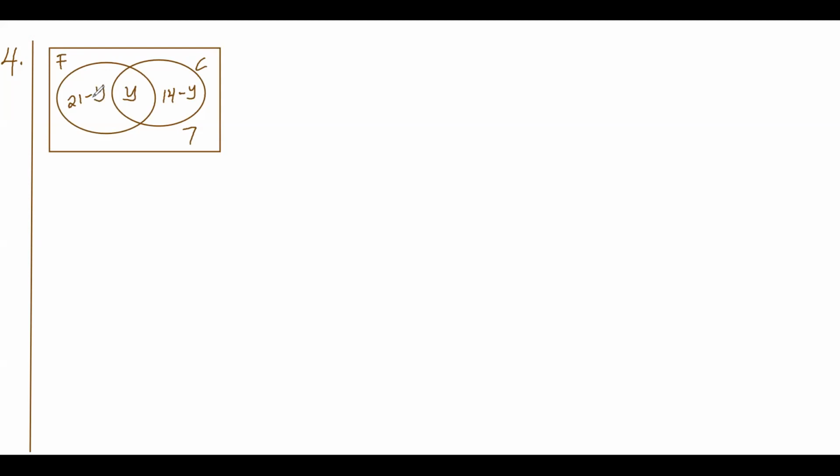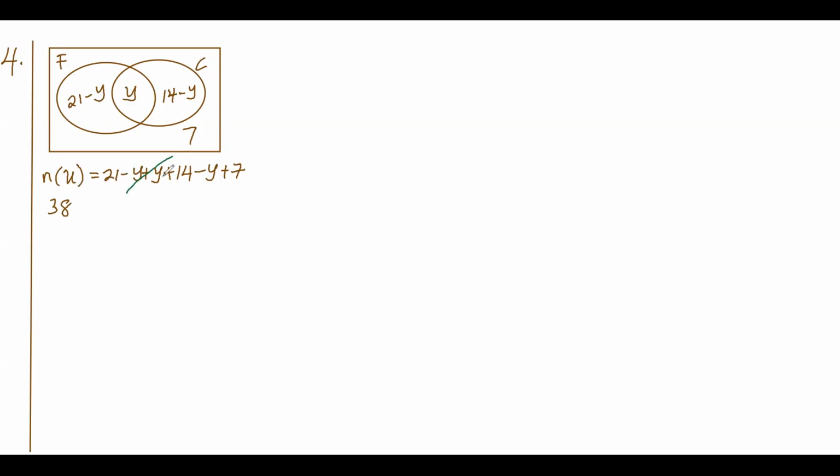In this case, we know that neither is included, so everything now is the universal set. The cardinality of the universal set is going to be everything. That's 21 minus Y plus 14 minus Y plus 7. So the universal set is 38. Again, we could see that this is 0.